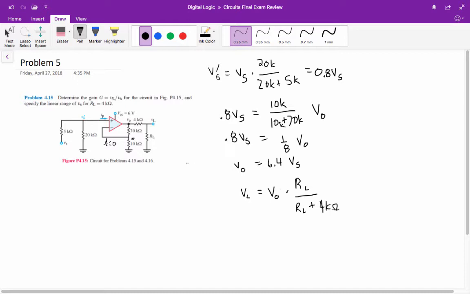Well, RL is given in the problem to be 4 kiloohms, so VL equals V out times 4 over 8, which is 1/2. So VL equals V out over 2.